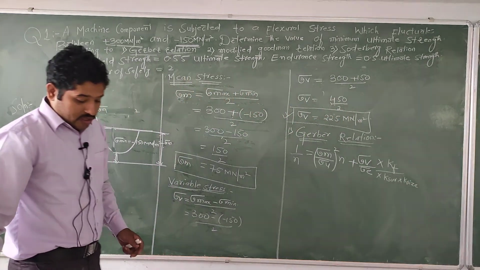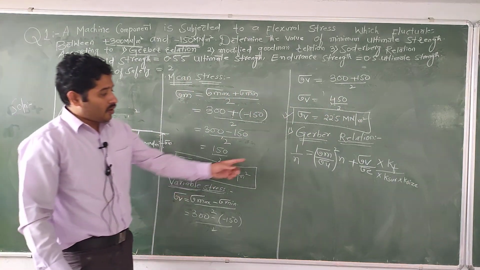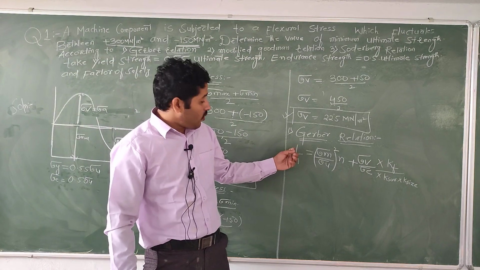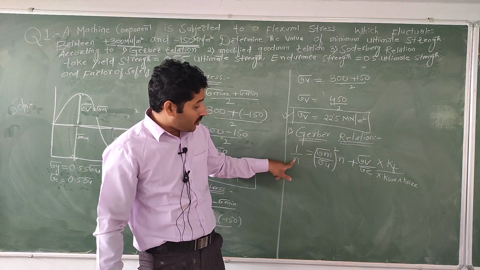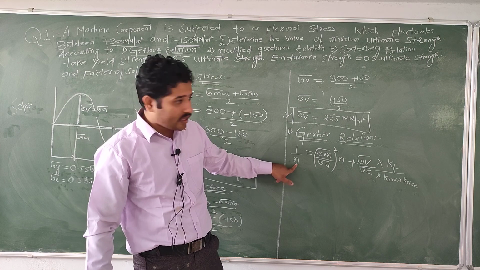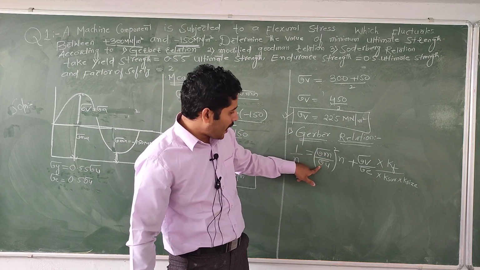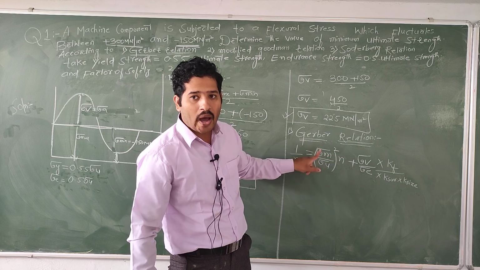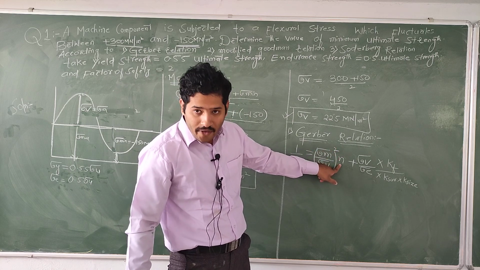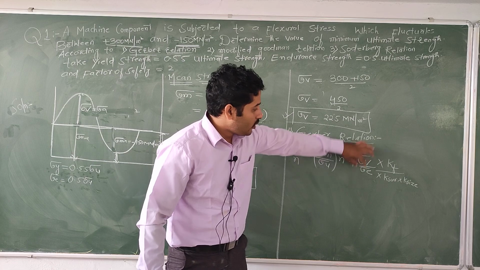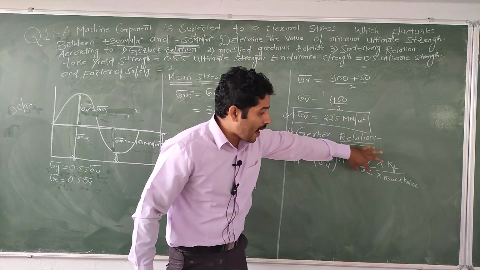So how to remember this formula? 1 by n, the factor of safety, equals mean stress by ultimate stress whole square into factor of safety, plus variable stress by endurance limit.